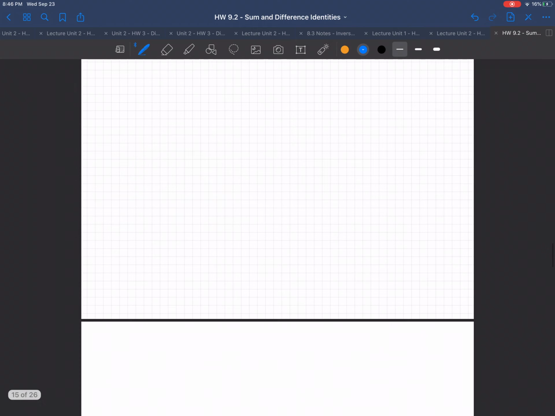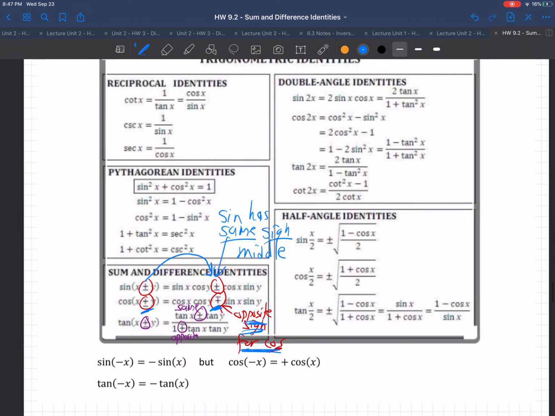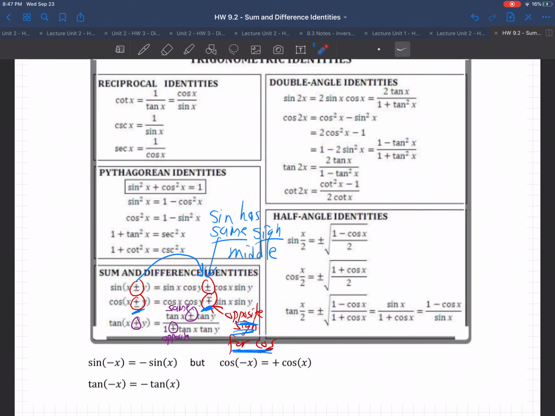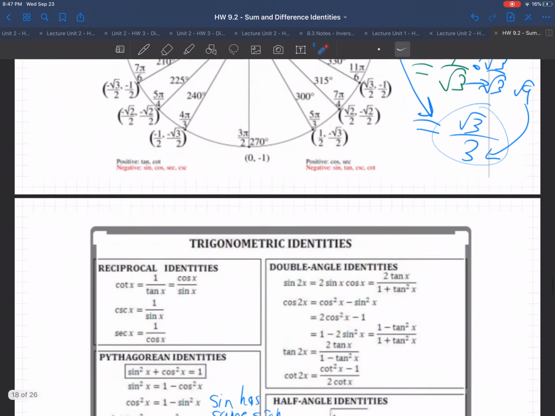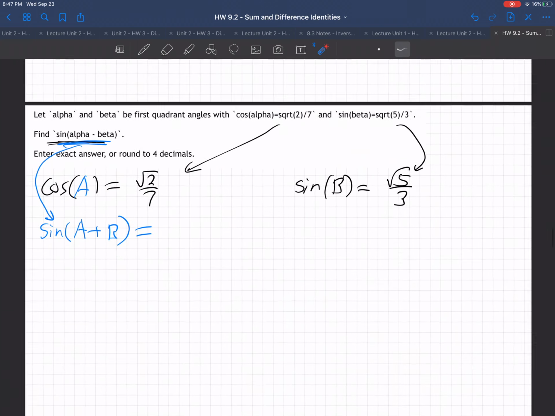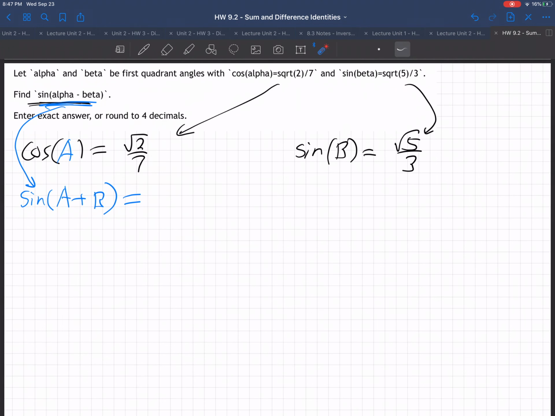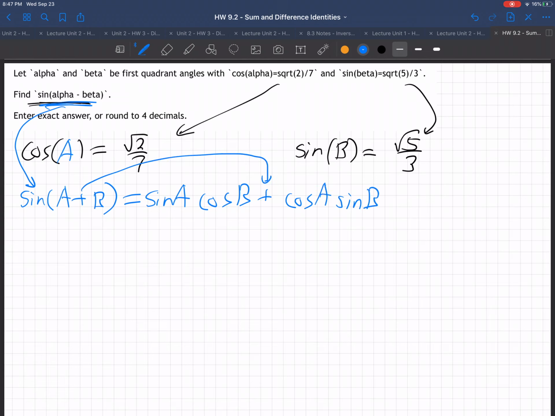Well, if you go down to the formula sheet, the sine of two angles added right here. There it is. Okay, and so that's going to be sine, cosine, cosine, sine, A, B, A, B, and this sign that's in the middle is the same.